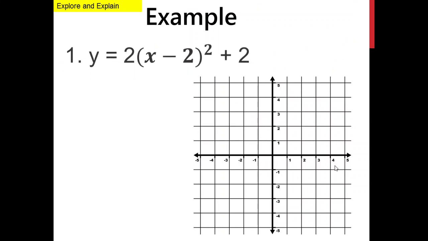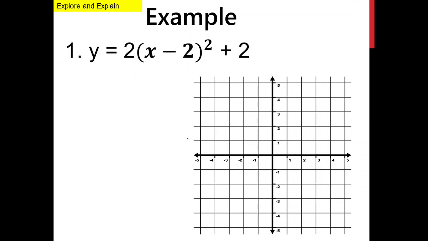So let's have a quick example here. Say we have here the quadratic function y is equal to 2 times the quantity x minus 2 squared plus 2. So again, let's gather all the necessary data.